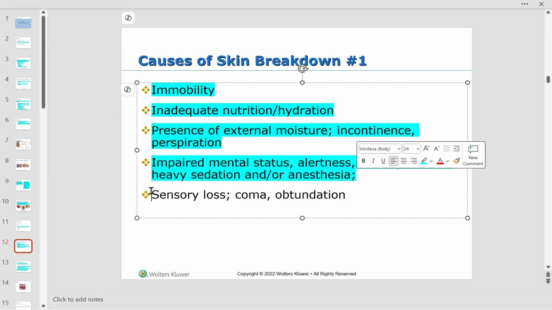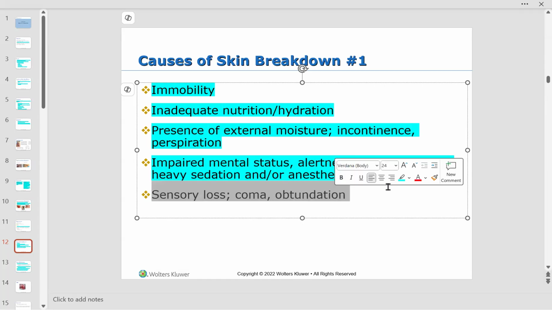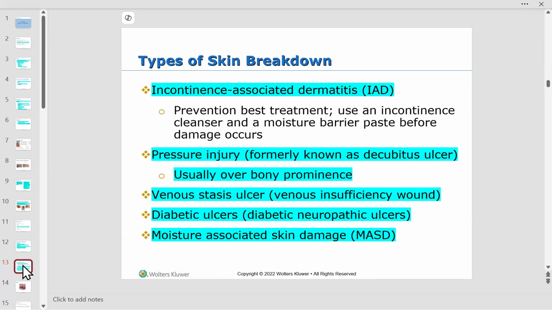And sensory loss, if they're in a coma or they're obtunded, then of course they can't feel if they're wet. There's incontinence-associated dermatitis. This is a reddened, irritated, almost rash that comes from the acidity of the urine, right? So it's just like a dermatitis, a skin inflammation.